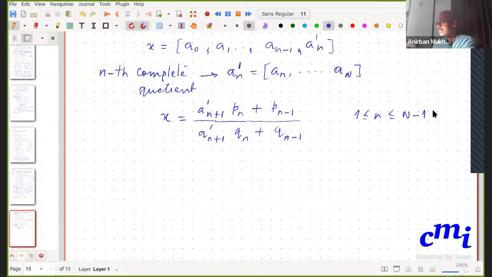So we can write like this, and then we look at the difference. So we look at x minus Pn by Qn.